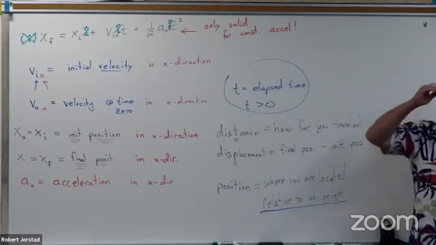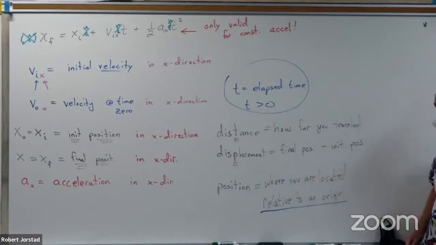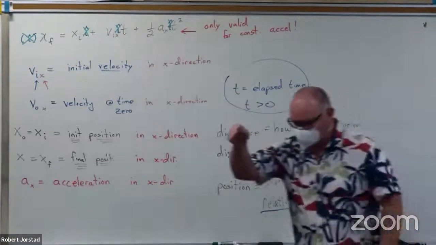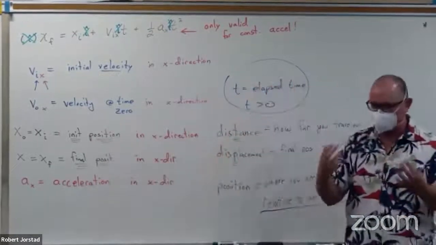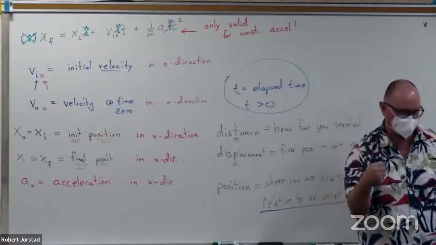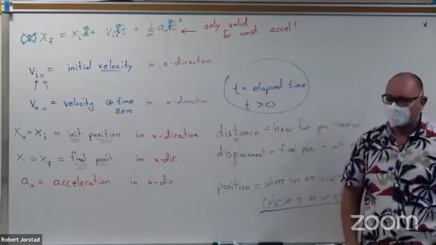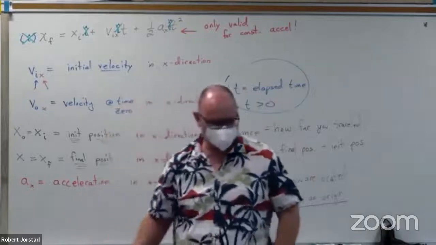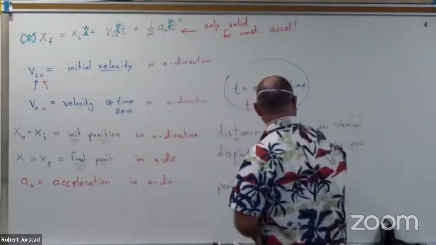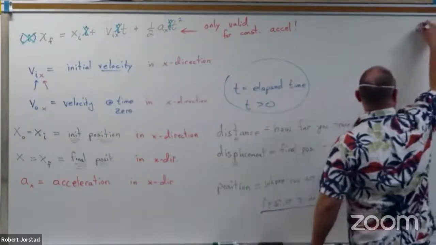You could say the town hall in Toledo is the origin. You could say, you know, this brick is the origin. You have to pick some spot in the universe that you say is the origin. After that, right, let's say we say this brick over here, which no one could see on Zoom. So how about this dot right here?